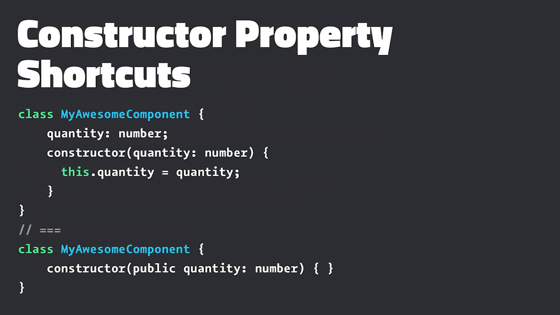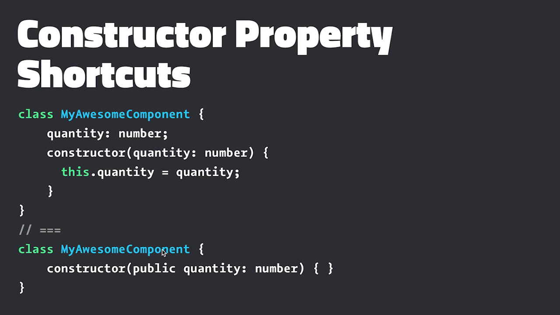TypeScript also offers constructor property shortcuts, which is a nice handy feature. So you could imagine if you're writing a class, you might want to pass some stuff into it and then assign those as properties for your class members. And so we have here my awesome component, and it's got a quantity property. And this is sort of a long-handed way of assigning it.